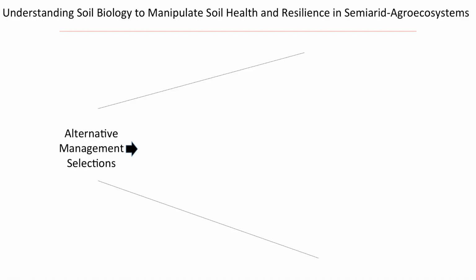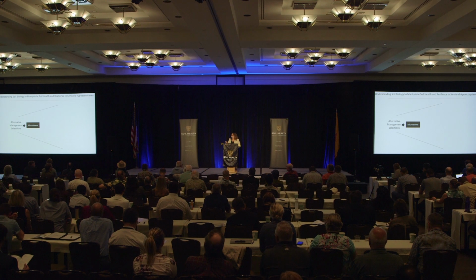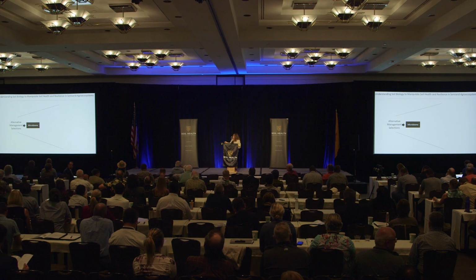The research that I have been doing, and that we are suggesting is important for a region even like this, is in terms of the microbiome. We need to concentrate on the soil biology to manipulate soil health and resilience, especially in these types of regions. The levels of microbes found in these types of soils are lower compared to other regions.